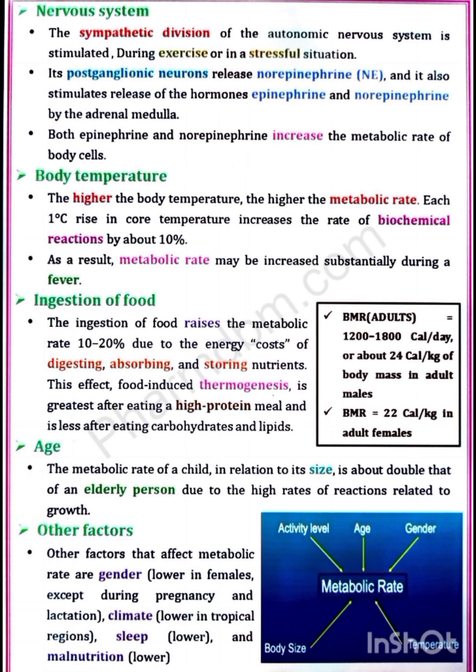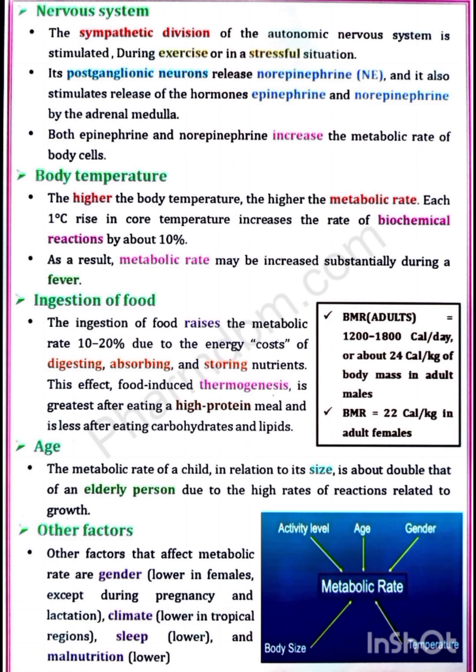Ingestion of food raises metabolic rate 10 to 20% due to the energy costs of digesting, absorbing and storing nutrients. This effect, food-induced thermogenesis, is the greatest after eating a high-protein meal and less after eating carbohydrates and lipids. Age.